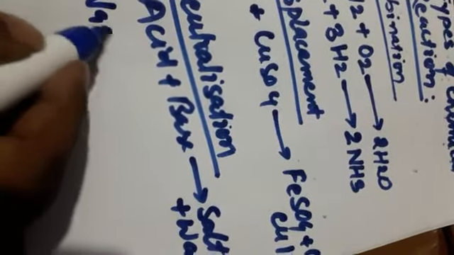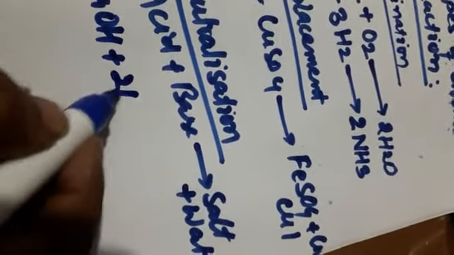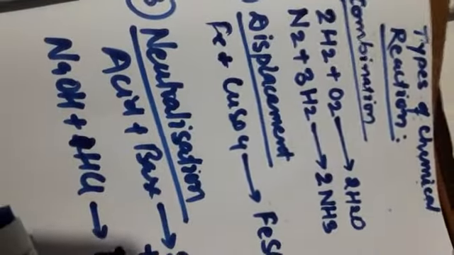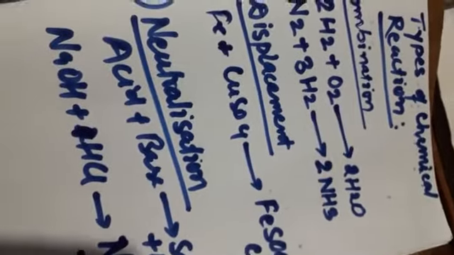An example: I am going to take NaOH plus HCl. What will happen? It will form NaCl plus H2O, sodium chloride and water. So this is the neutralization reaction.